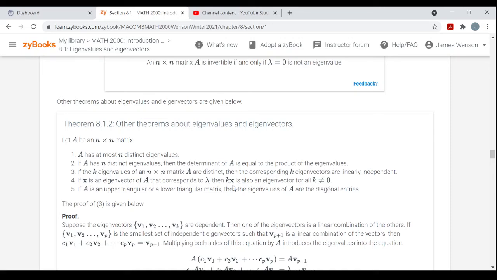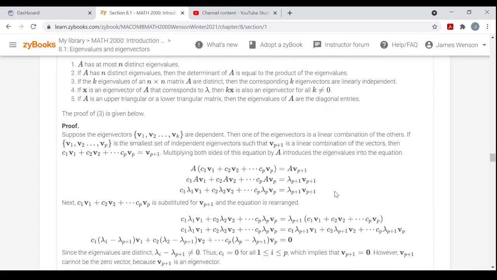This is what I've been saying. If you know one eigenvector of A corresponding to lambda, any non-zero multiple of that vector is also an eigenvector. And then here's something else I said. If A is an upper triangular matrix or a lower triangular matrix, then the eigenvalues of A are just the diagonal entries. And you can read through the proofs here.